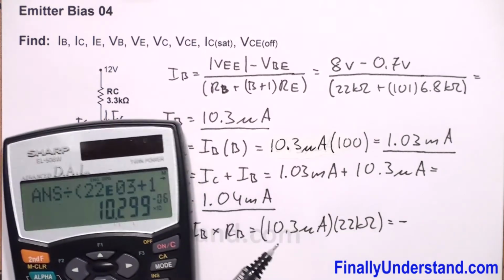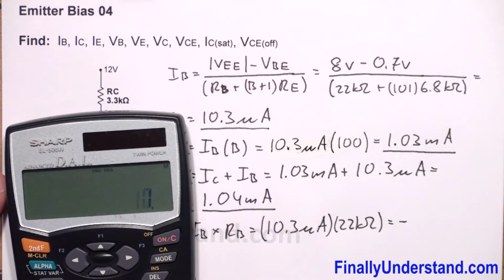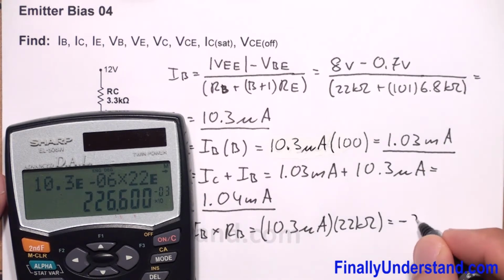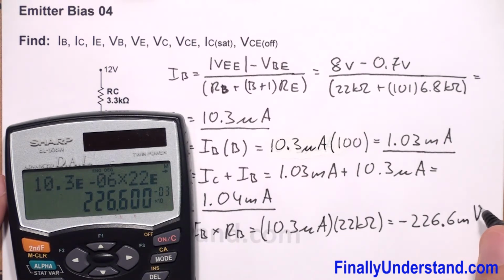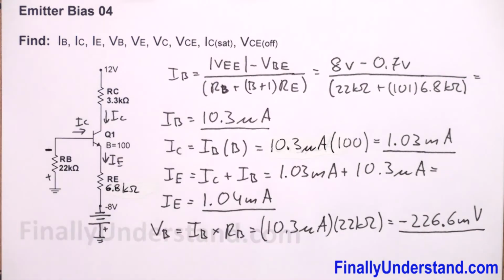So this is 10.3 exponent negative 6 times 22 exponent 3. This is equal to 226.6 millivolts. Negative. You are going to measure negative voltage.